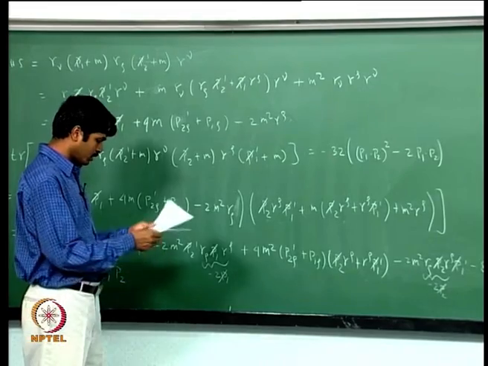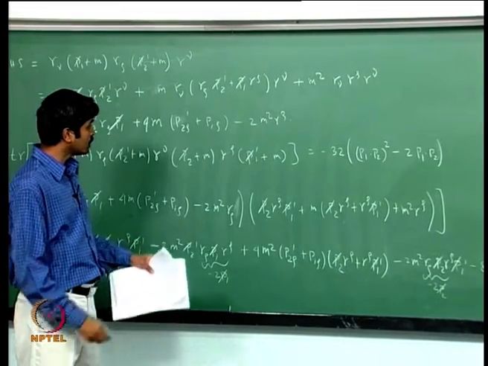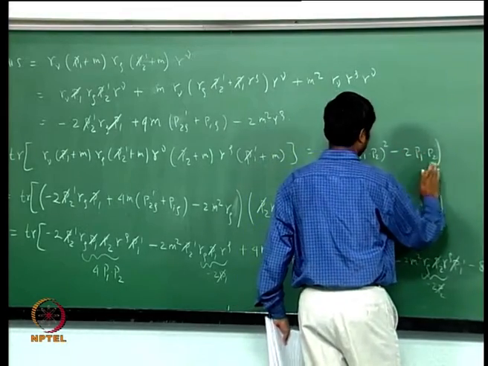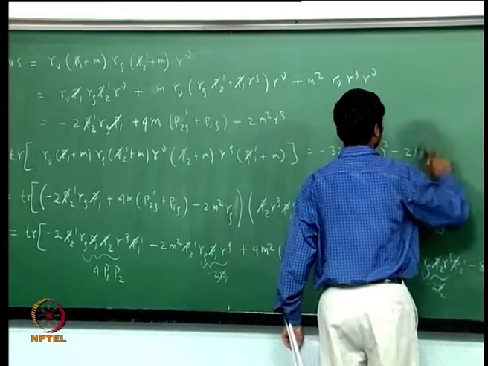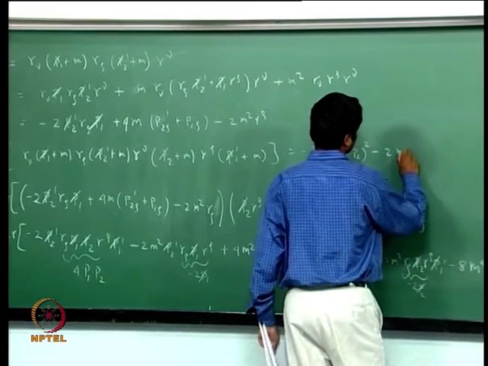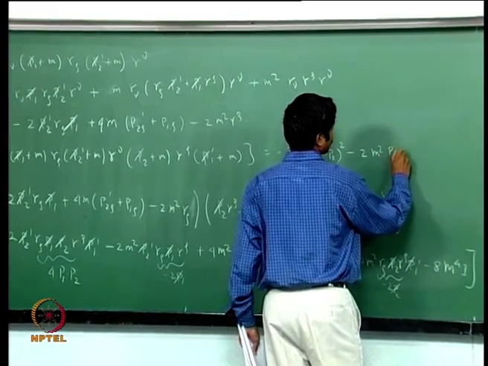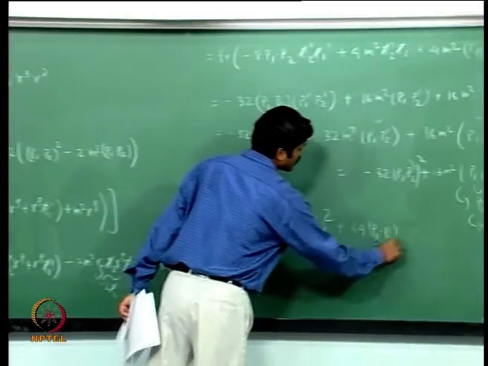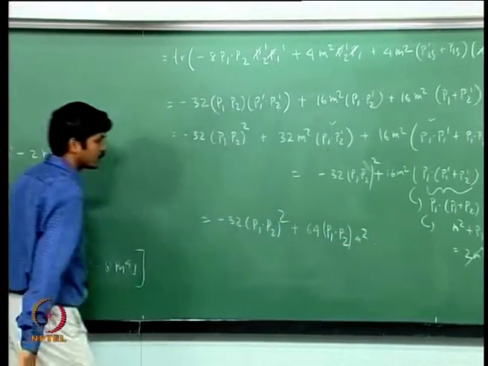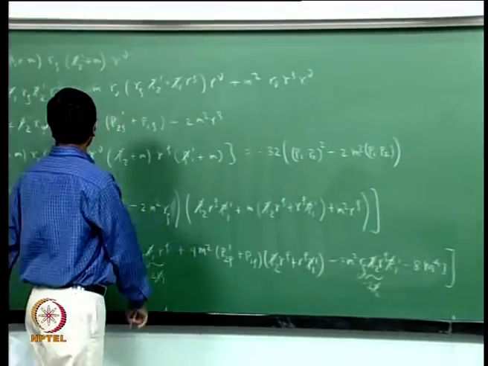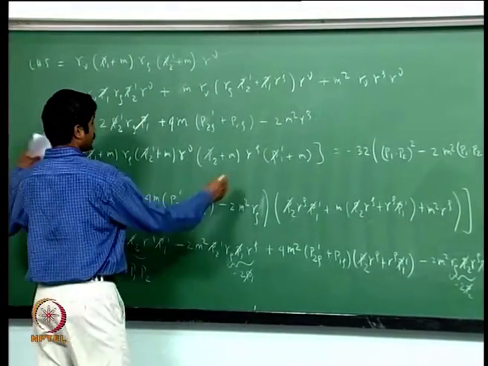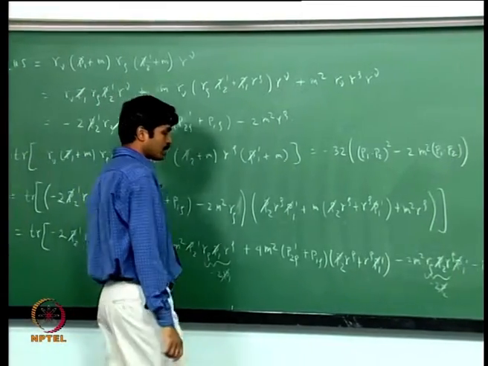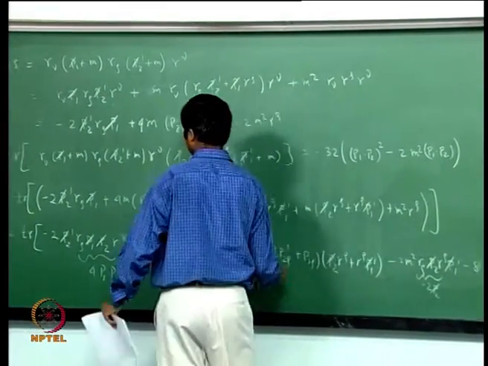So, there is an m square here, 2 m square, thank you. This is 64 P1 dot P2 m square. So, what we will do is that we will now substitute all these things in the expression for mode m square average.